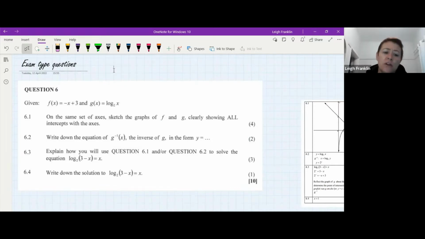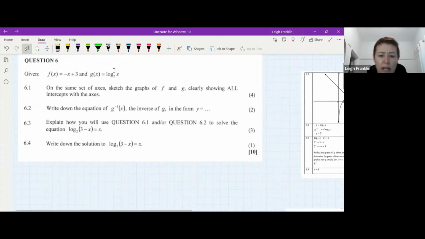The first thing that they ask us to do is to sketch these graphs on the same set of axes. The first one, f of x, is a straight line, super easy. The second one, g of x, is a log function, and hopefully if you've learned your log functions and your log rules, you know exactly what it is that you're supposed to be sketching.